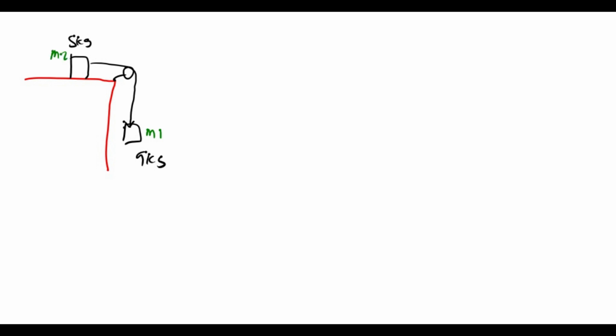There is no friction at all. When you have been given this type of pulley and there's no friction, one thing we need to understand is that this mass is definitely bigger than that mass, so the system will go in this direction. The only thing that is going to make the system move in this direction is the weight of M1.